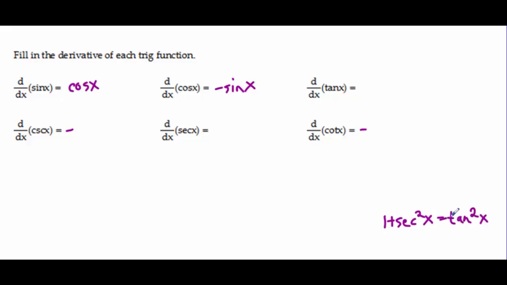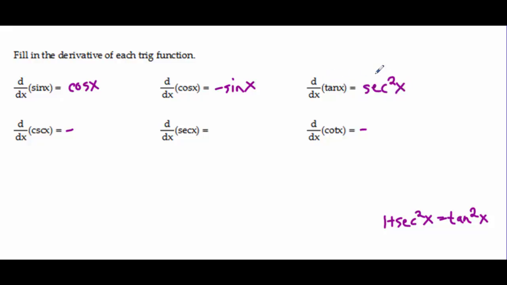So that relationship between secant and tangent was established last year. So the derivative of tangent x is secant squared x. That doesn't necessarily have to do with this identity, though it might if we tried to prove it. But tangent is secant squared when I take the derivative of it.